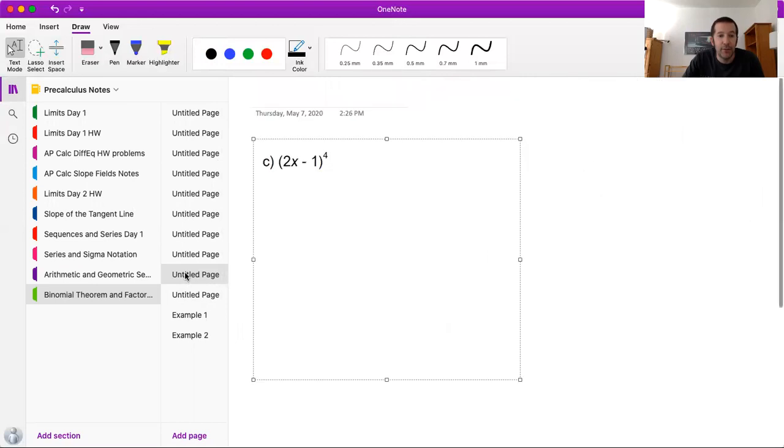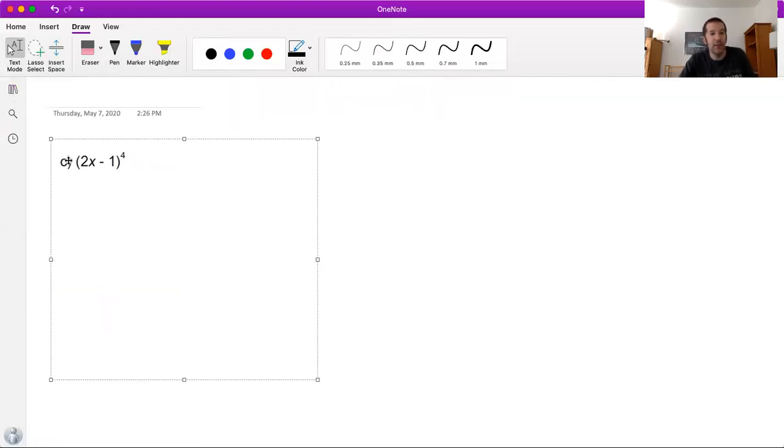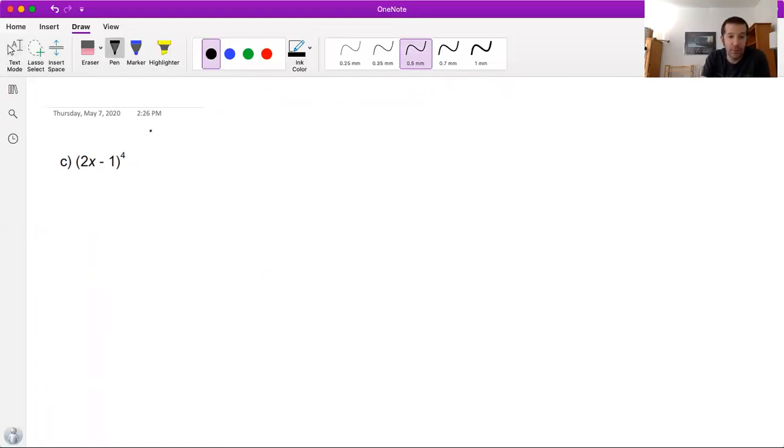Now the third example I like because there's a coefficient in front of the x and there's a negative, which gives us 2 new concepts to deal with. The first one is the negative. When you have a negative sign here, what I recommend you do is alternate the signs of the coefficients.